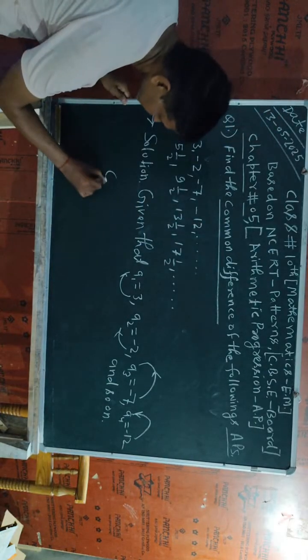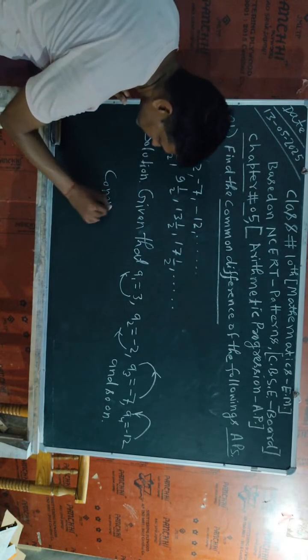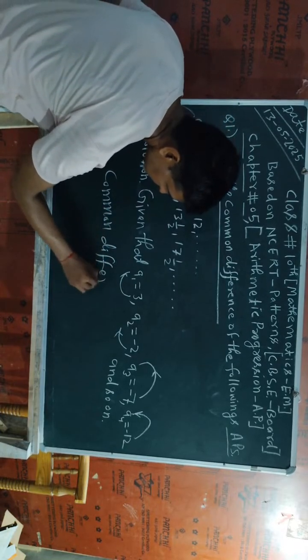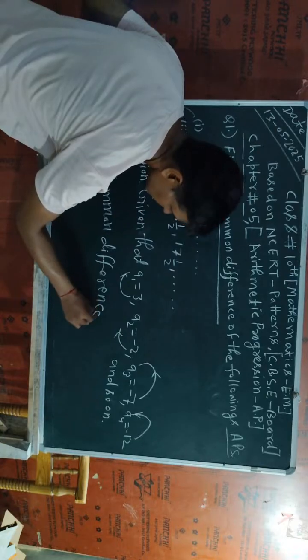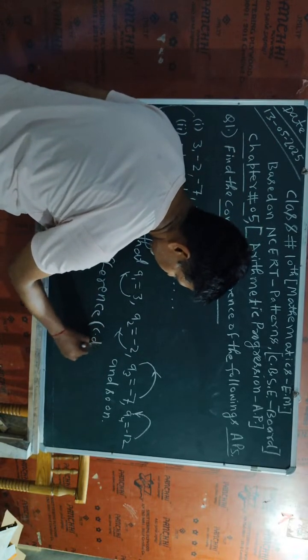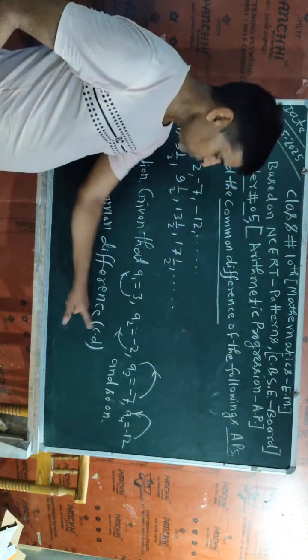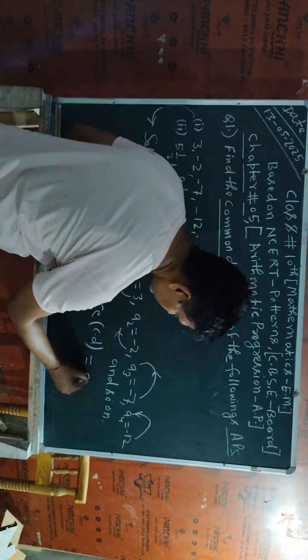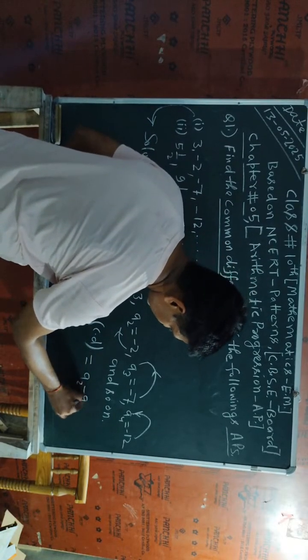So the common difference I have to write here. That common difference in short form I will write as CD. C stands for common and D stands for difference. That will be A2 minus A1.